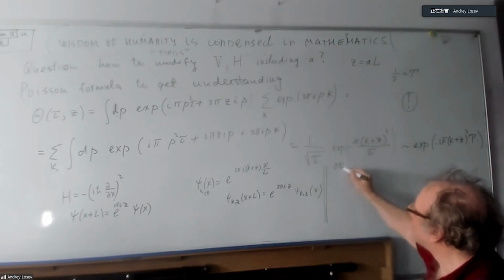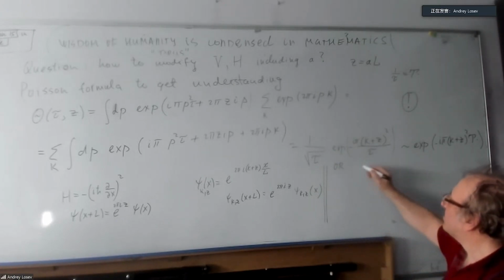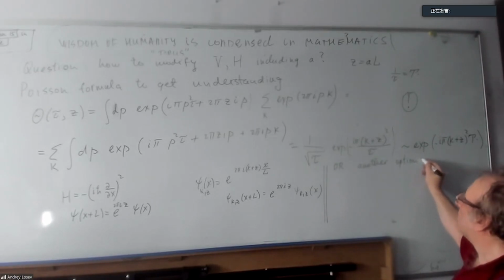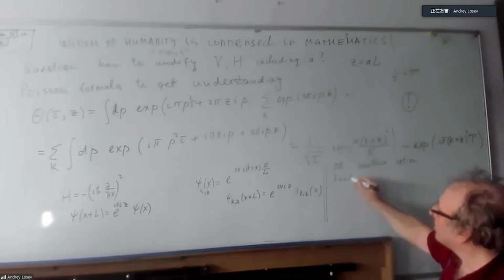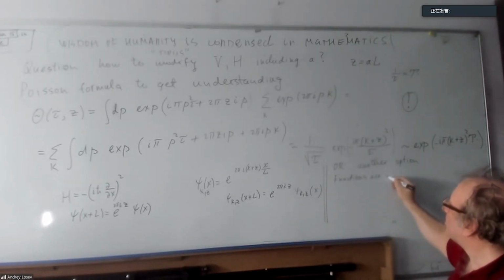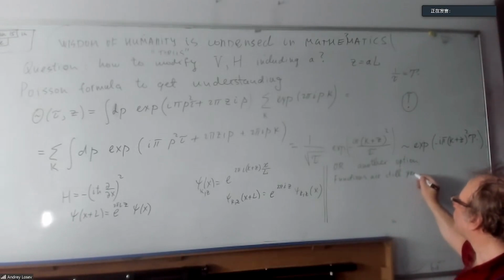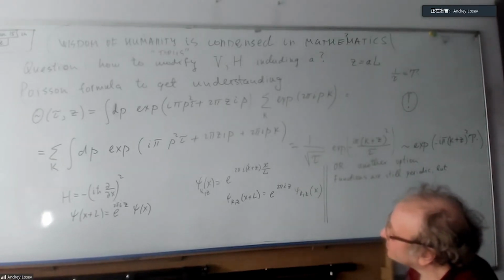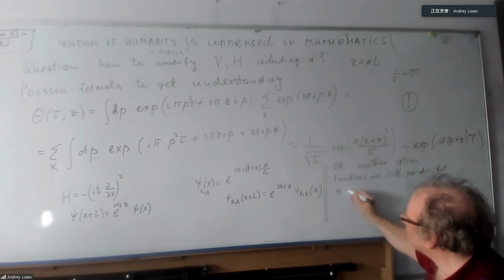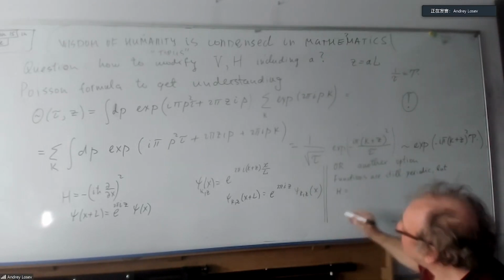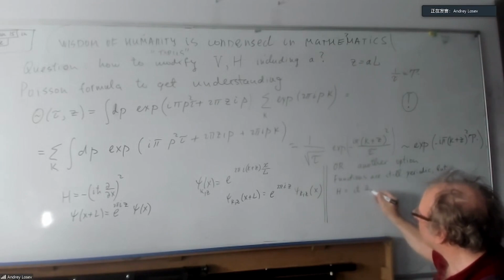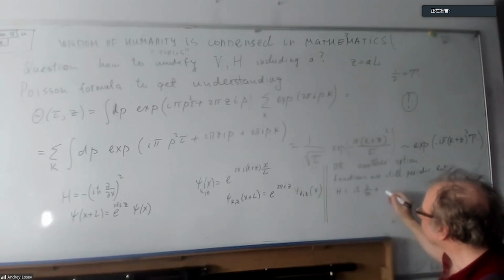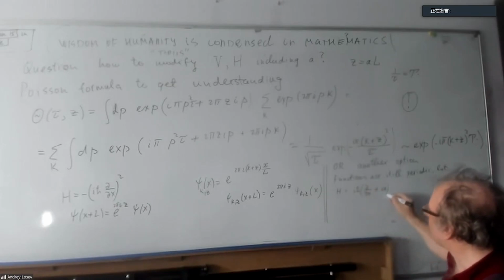Or another option. Functions are the same, but the Hamiltonian is minus i h d over dx plus a, squared.